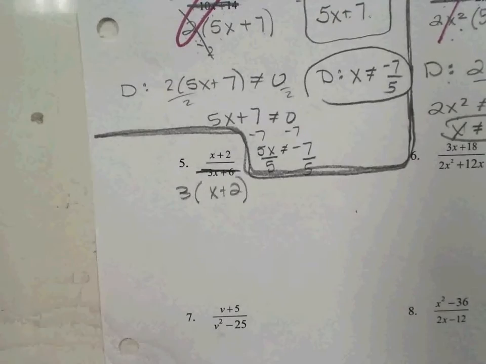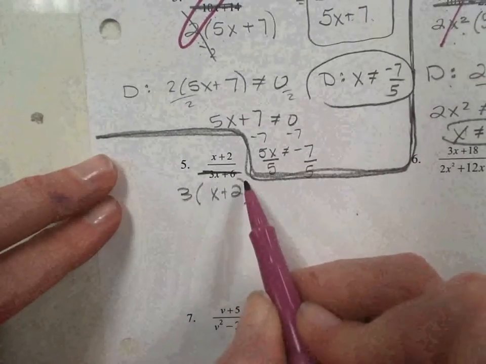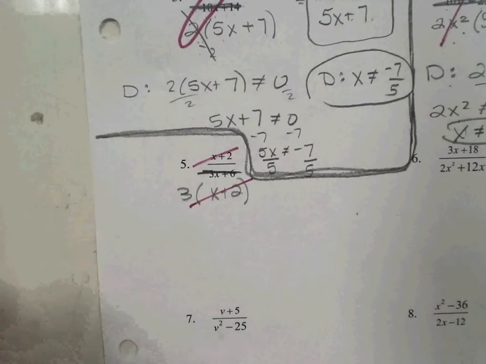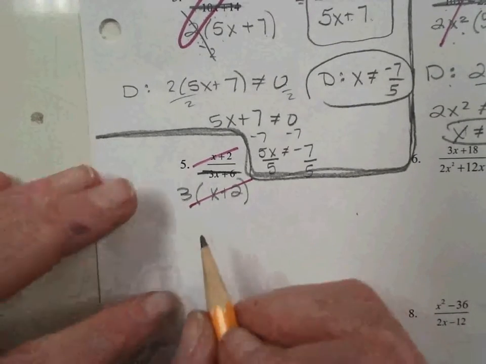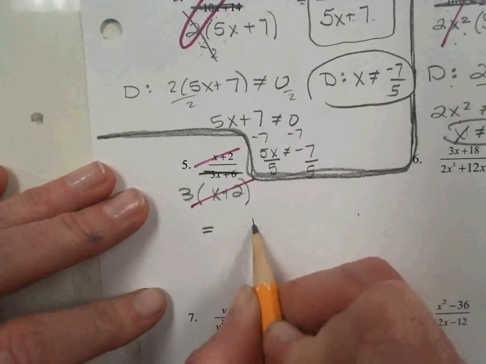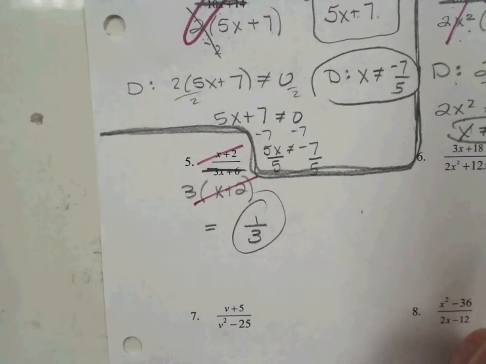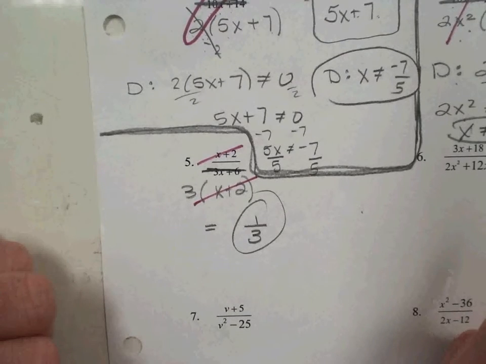And here you can see already we have the common factor, it's like a treasure hunt. You already found the x plus 2, that's what they had in common. And now you get to cancel those out, and your final answer is just 1/3. Your simplified rational expression is 1/3.